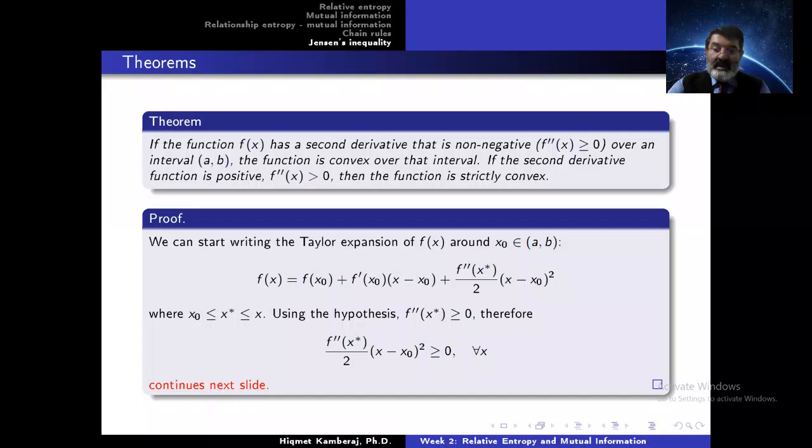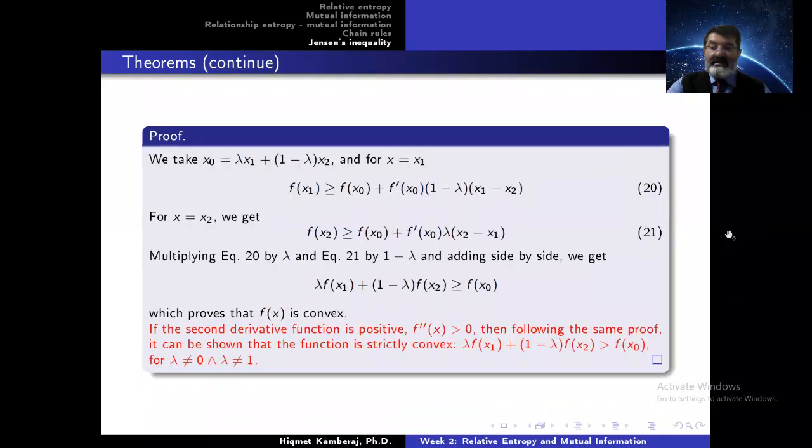Right? Now, if we continue on the next slide, we take first x0 as lambda x1 plus 1 minus lambda x2. For x equal to x1, we have f of x1 greater or equal to f of x0 plus f prime, the first derivative at x0, times 1 minus lambda times x1 minus x2.